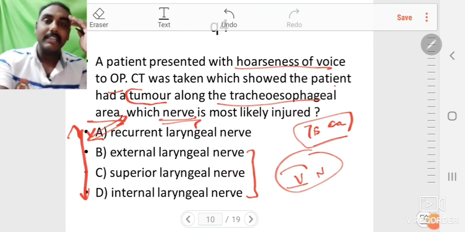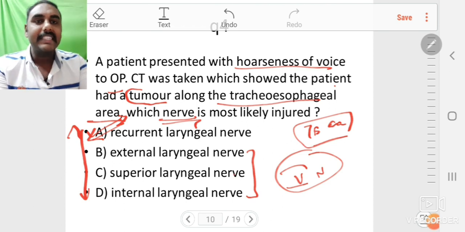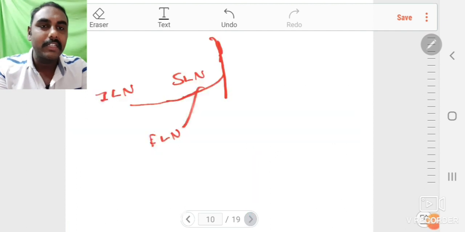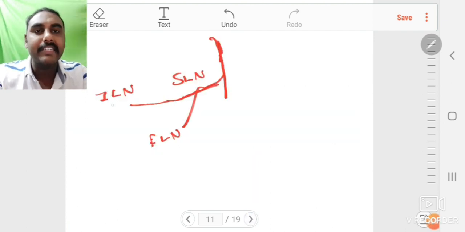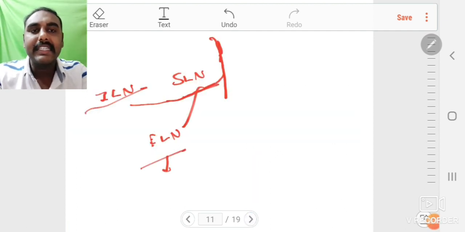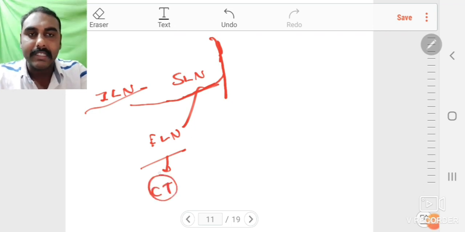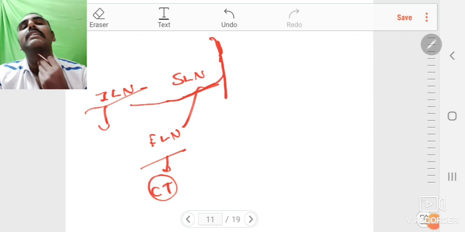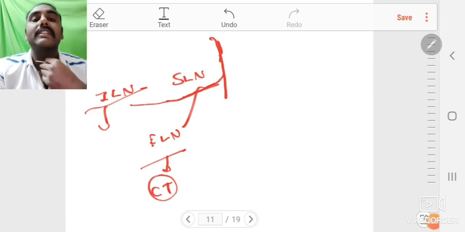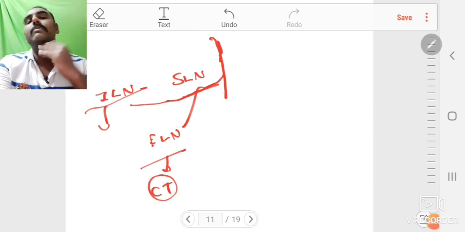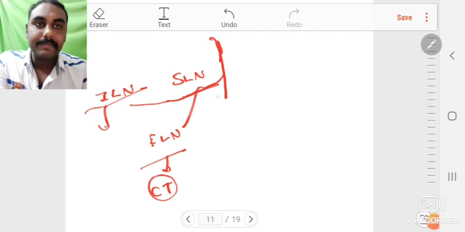Even if we get confused, the answer is straightforward, the recurrent laryngeal nerve. External supplies only one muscle, the cricothyroid muscle. Internal supplies sensory innervation just above the thyroid cartilage.